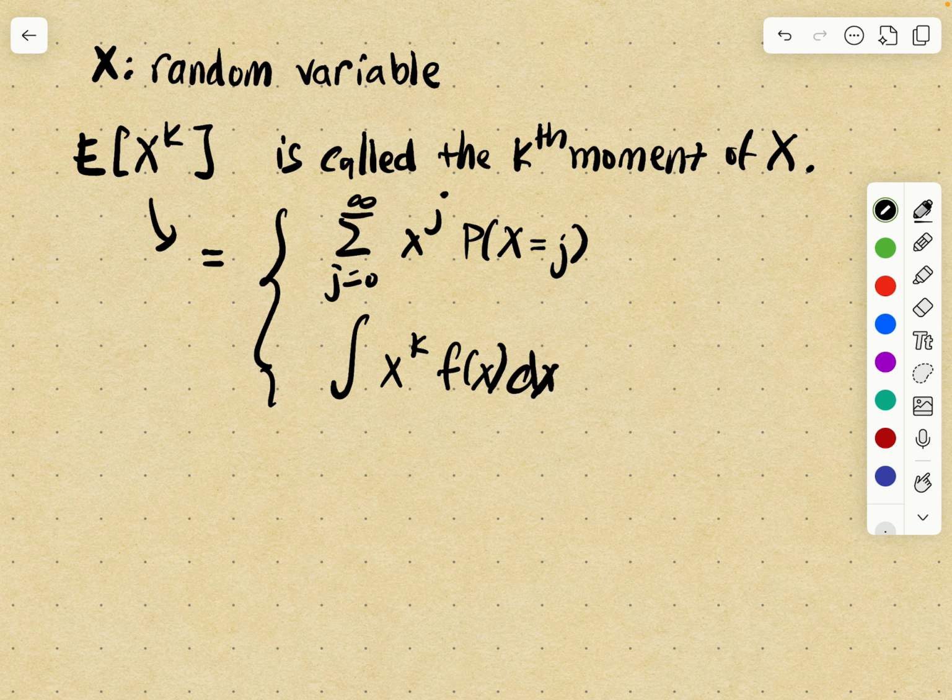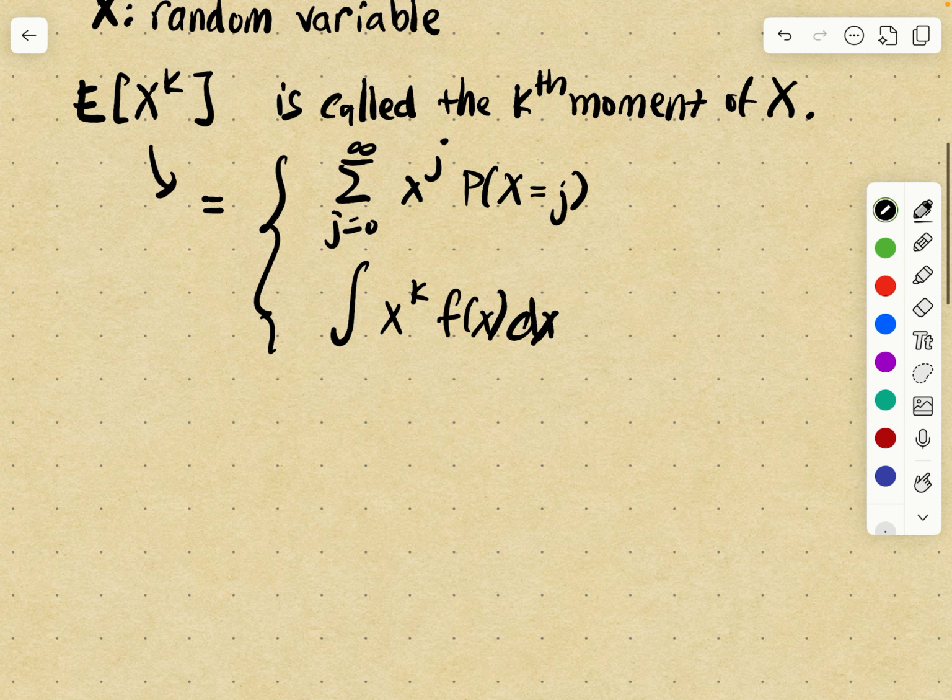These could be calculated explicitly by using a formula, but we are going to introduce a function whose derivatives actually give you the moments. That's called the moment generating function.